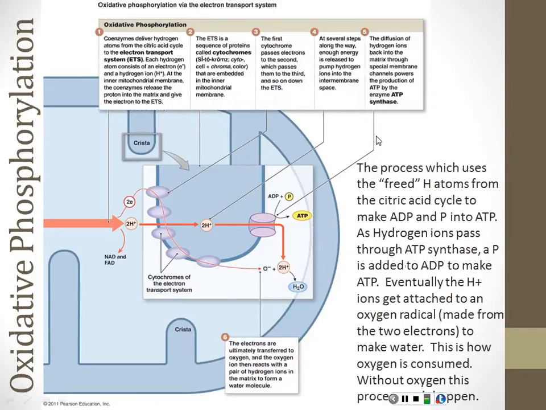Those charged molecules are then what power this part of the system. So those charged up NADs and FADs, they come in over here and they give up their electrons, and as those electrons, the charge, falls down this series of proteins being pulled by this hydrogen ion, this turns the crank. This system right here creates the energy that then shoots this hydrogen ion through this transporter, and this is what makes ATP in the end, right here.